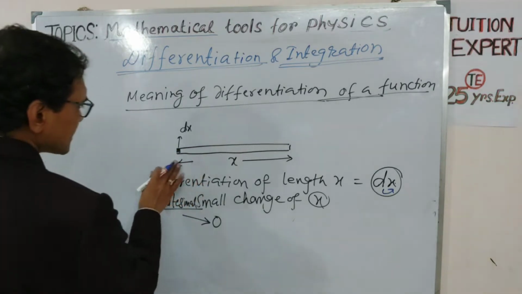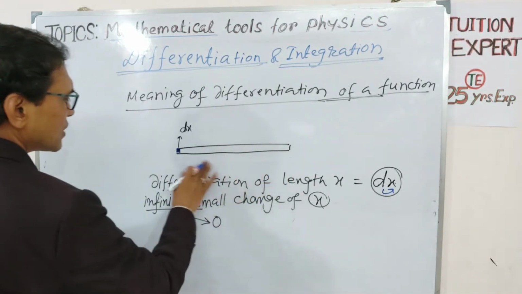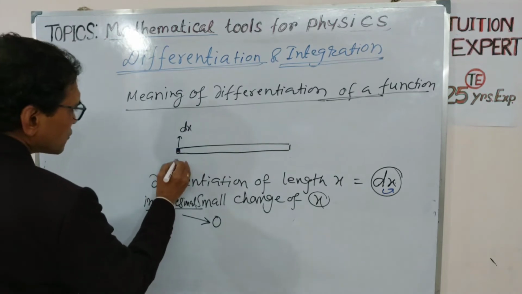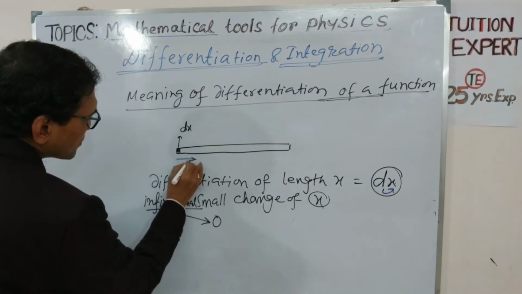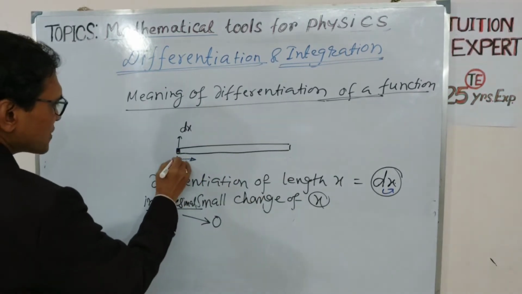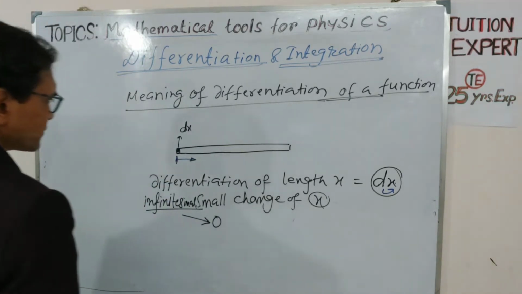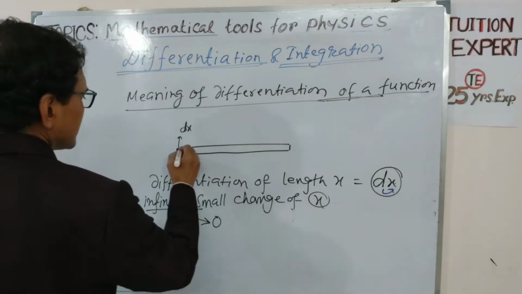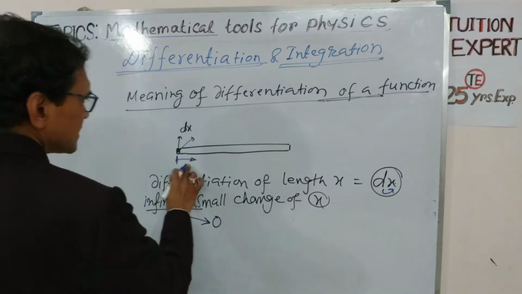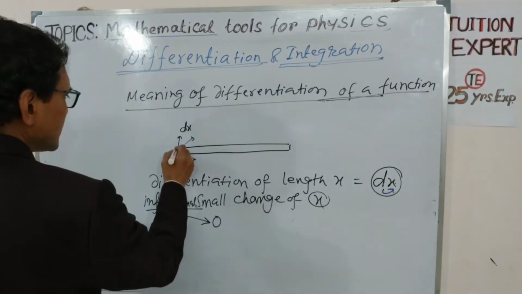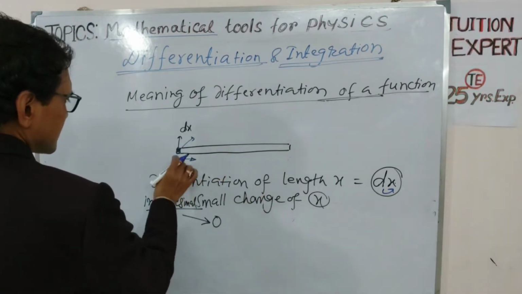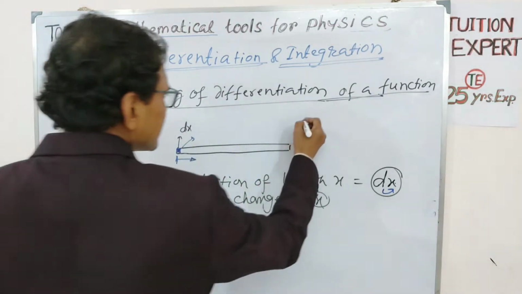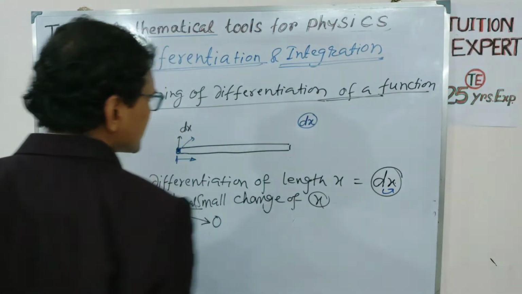Suppose we have to measure the whole length x. Then we proceed from this direction, starting from this one end, along x. If we increase by a small amount, that small amount is dx.